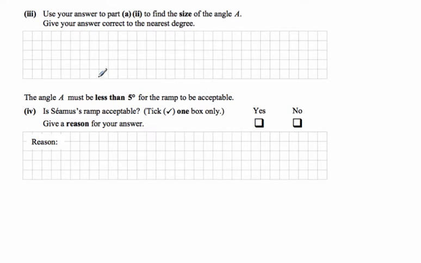Part 3 says, use your answer to part A2 to find the size of the angle A. Give your answer correct to the nearest degree. Okay, well, if we know that the tan of A is 20 over 260, then A, the angle, will be the inverse tan of 20 over 260.